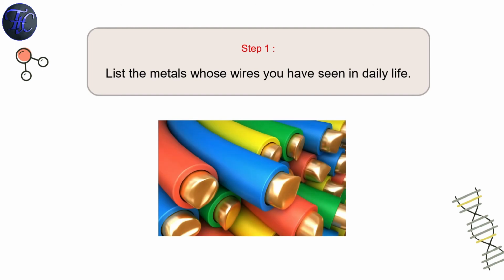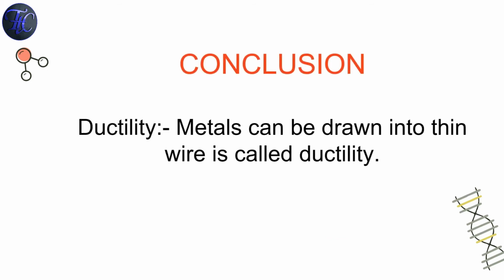These are examples of copper wire in our household electricity. Conclusion: the definition of ductility is that metals can be drawn into thin wires, which is called ductility. In the case of iron, we can convert it into thin wires, but we can't do that with non-metals.